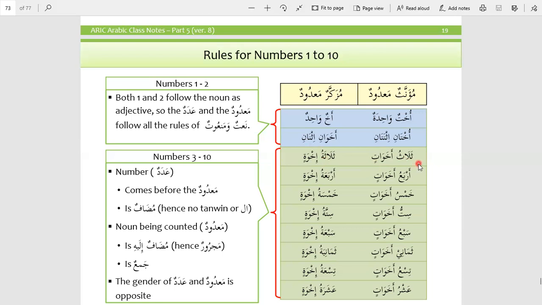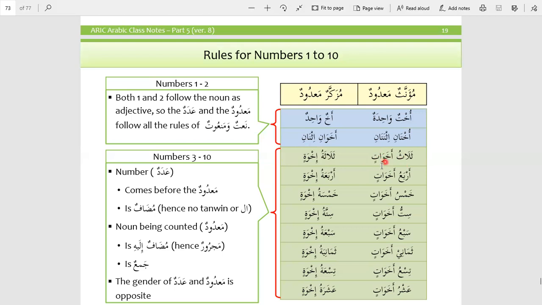It comes before mawdud, remember, and also is mudaf. Hence, it doesn't have alif lam. Why does it not have alif lam here? Because it is regarded as mudaf. And the noun that comes after mudaf is mudaf ilayhi. That's why we now have the mawdud in tanween. It's because it's mudaf ilayhi. Remember, mudaf ilayhi, we learned about it. Mudaf ilayhi always carries a kasra.